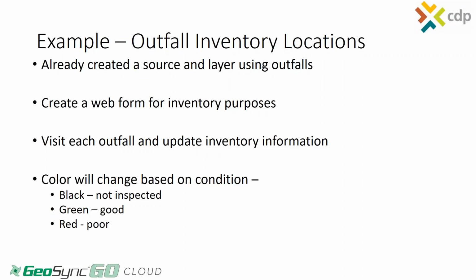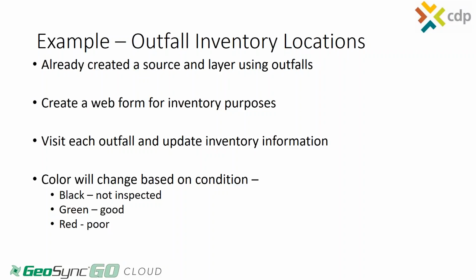So in this case, I've already created a source and a layer, so I've got some outfalls that I've already populated in, so I can see those on the map. And then I create a web form for the inventory process that has the information that I want to capture. And I'm going to visit each outfall, and then I'm going to update the inventory information.